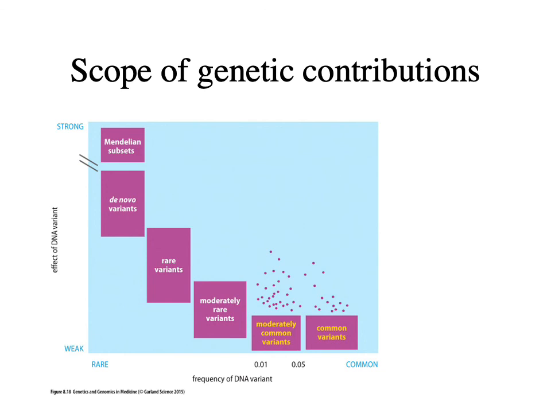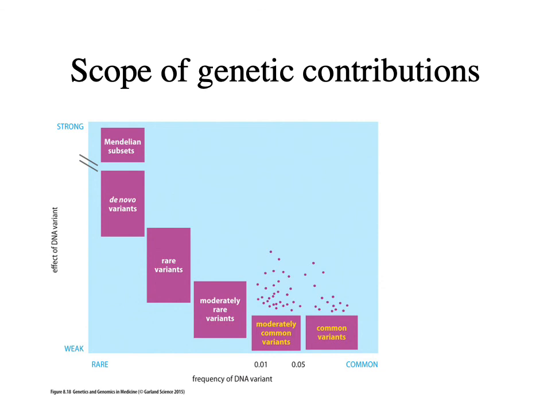The vast majority of the common or moderately common DNA variants are associated with disease of very weak effect. A very few have substantial effects, such as many HLA alleles in autoimmune disorders, and are represented by the cloud effect in the main boxes.